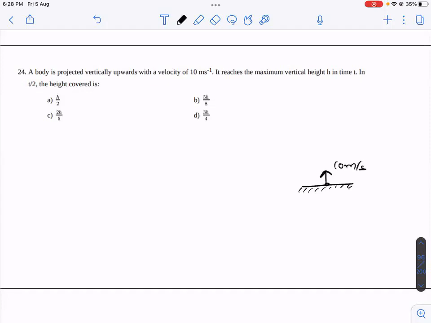So the particle is projected upwards with a speed of 10 meters per second. It reaches a maximum vertical height h in time t. In time t by 2, h dash would have been what in the same time t by 2. Okay. So how to solve this?